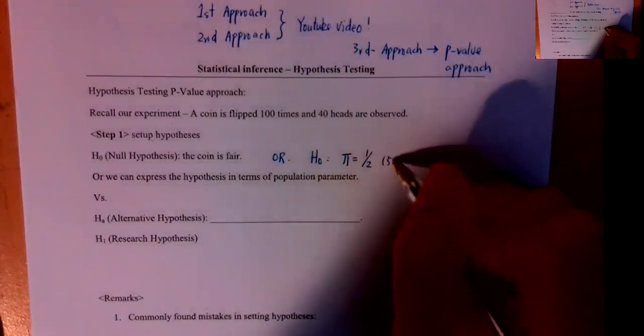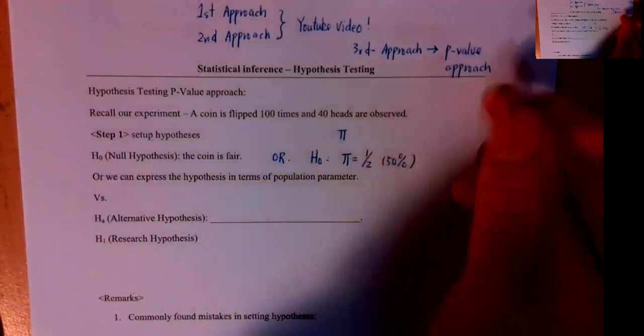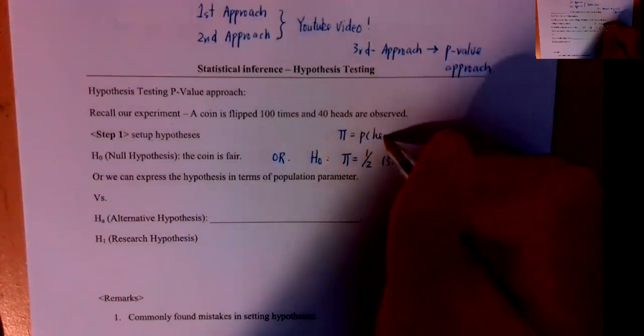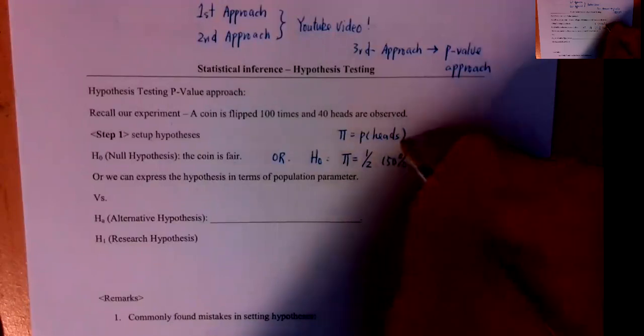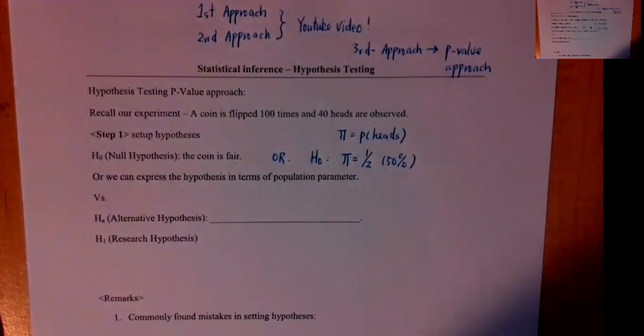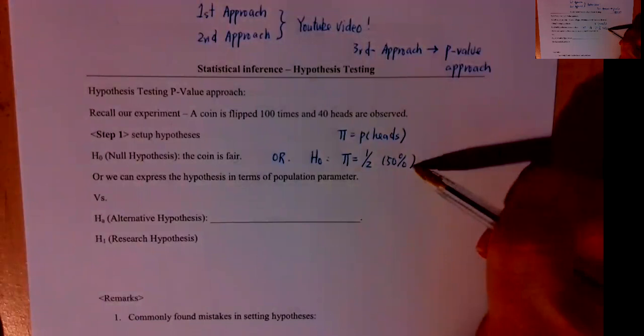This is 50%. And what's pi? Pi is the probability of getting heads. If you have a 50% chance of getting heads, that means you have a 50% chance of getting tails. 50-50. That's why we call this a fair coin, okay?